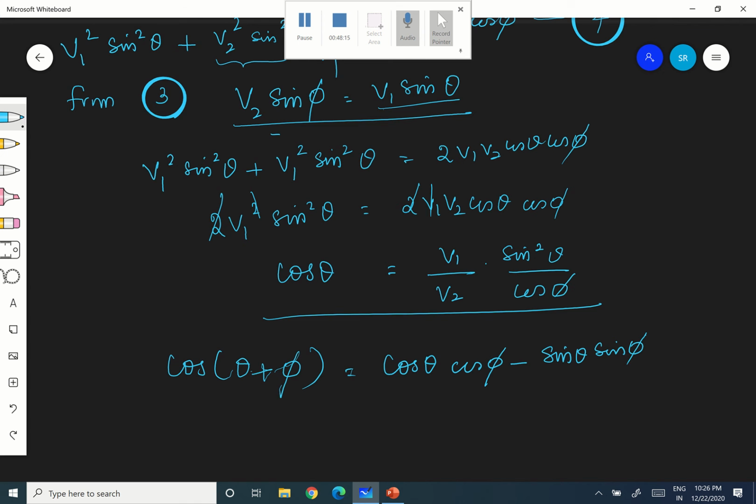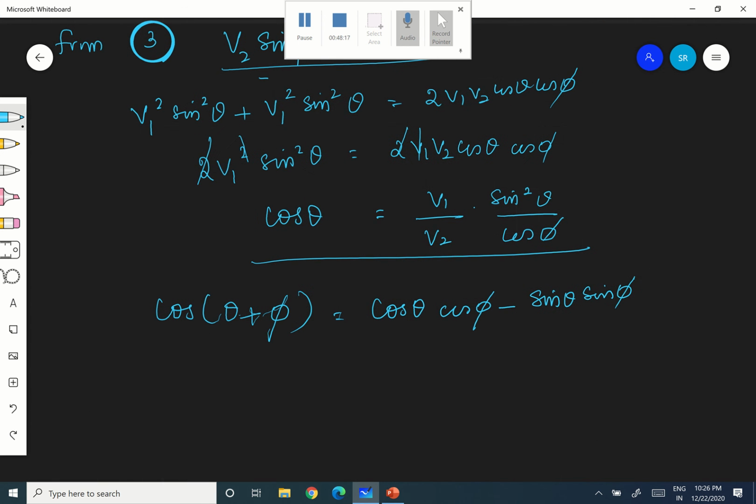Okay, therefore, now you substitute cos theta into equation number 2, 5.